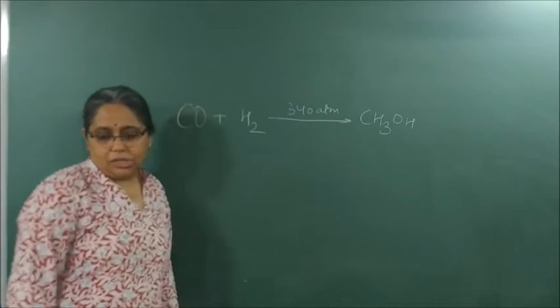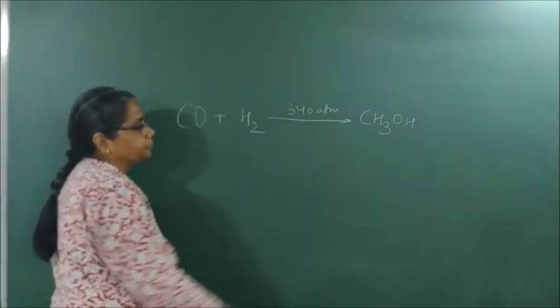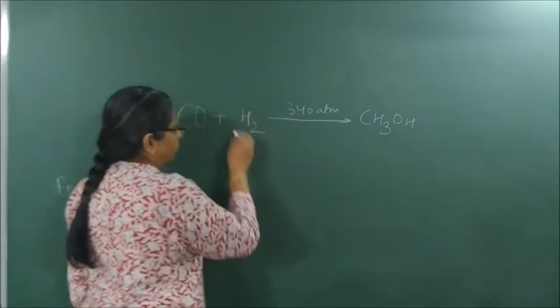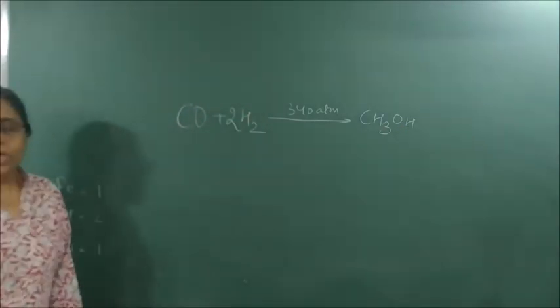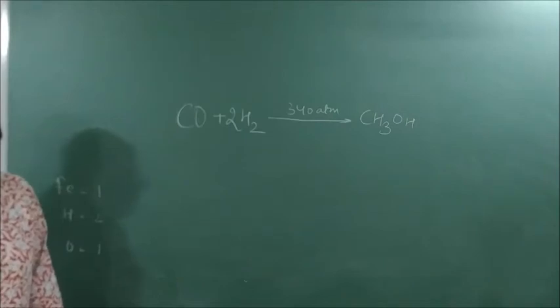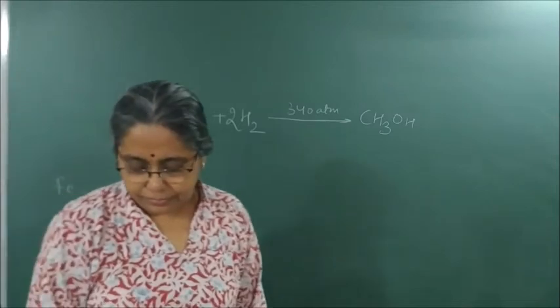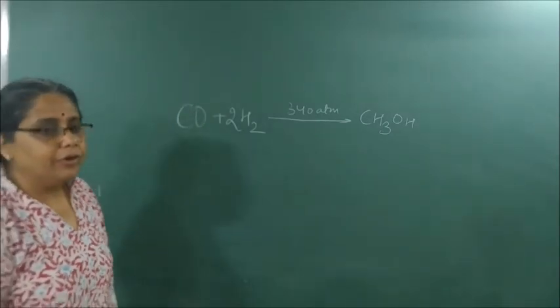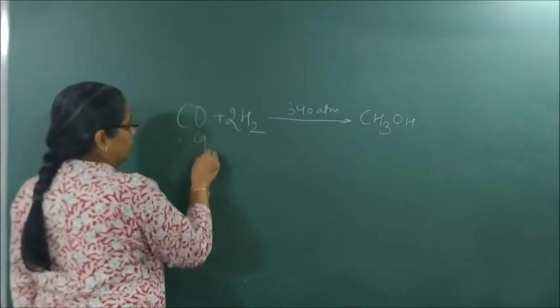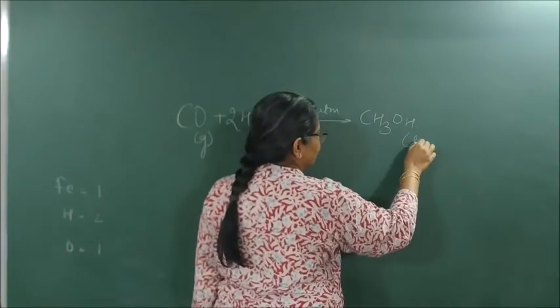CO plus how much H2? Balance it: 2H2. CO plus 2H2 at 340 atmosphere gives methanol. If I have to write its state, carbon monoxide is gas, hydrogen is gas, methanol is liquid.